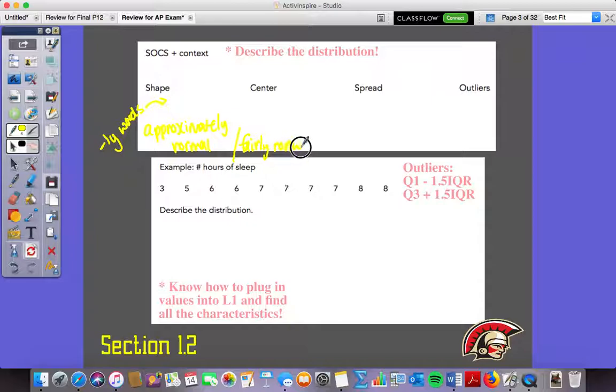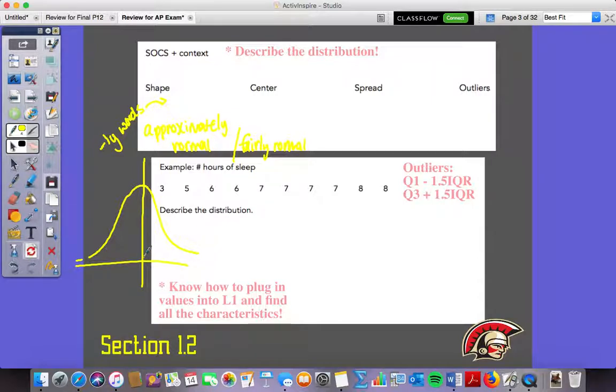How would it be exactly? Exactly would be like if it was perfectly normal. Everything fell on the mean, and then it was equal on both sides. Or do we do slightly skewed? Slightly skewed, that would be perfect. So anything that softens the blow a little bit.